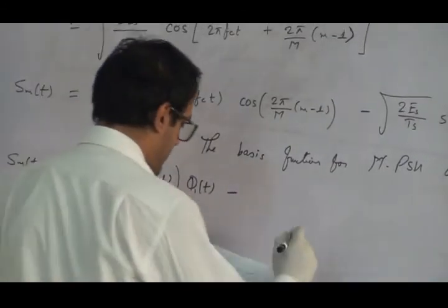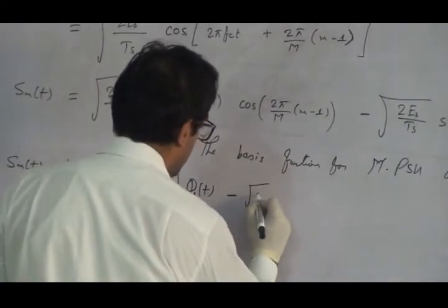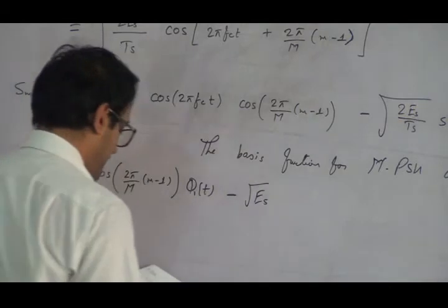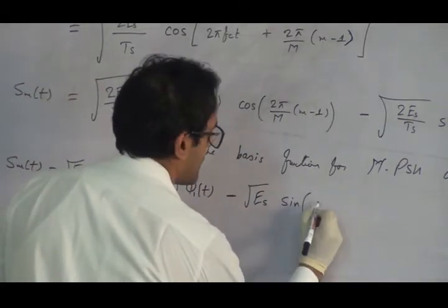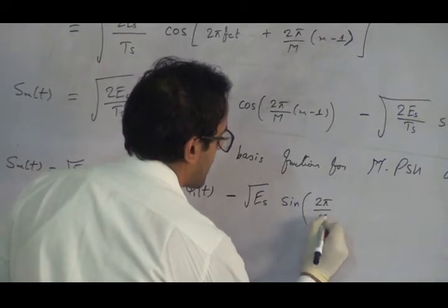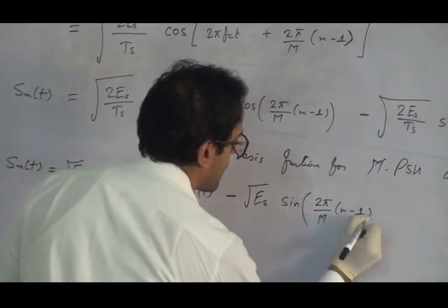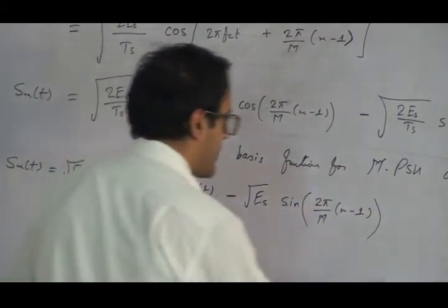So the remaining portion will become minus under root Es sine of 2 pi by M, small m minus 1, phi 2 of t.